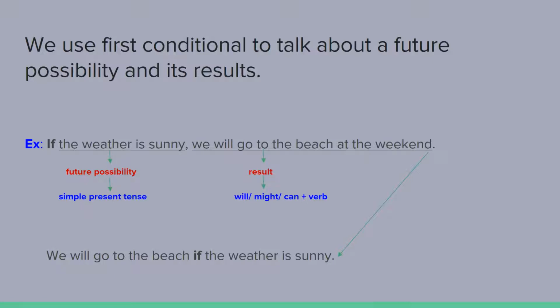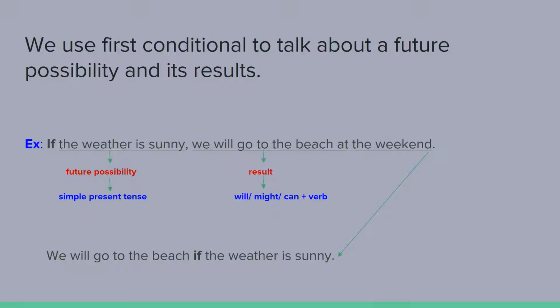In this example, the first part of the sentence, if the weather is sunny, is a future possibility. And what's its result? We will go to the beach at the weekend. We will go to the beach at the weekend only if the weather is sunny. If the weather is not sunny, we won't go to the beach at the weekend.